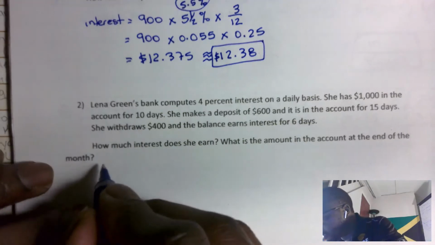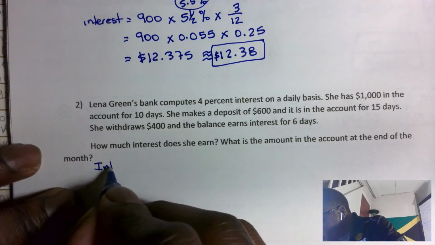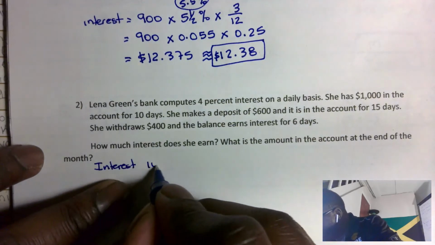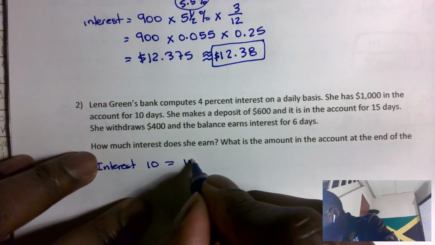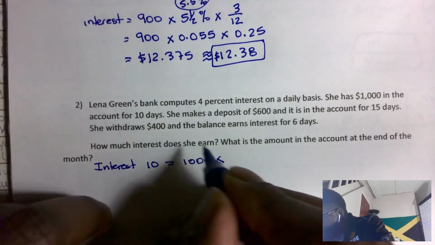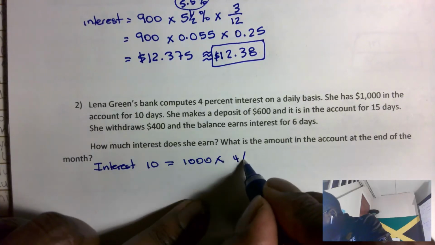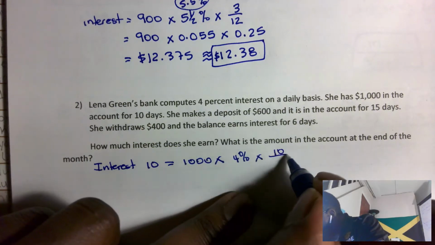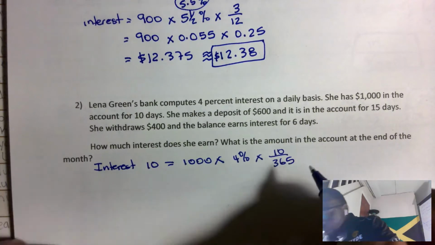So the first one, interest for 10 days, is equal to 1,000 times the rate, which is 4%, times 10 over 365.